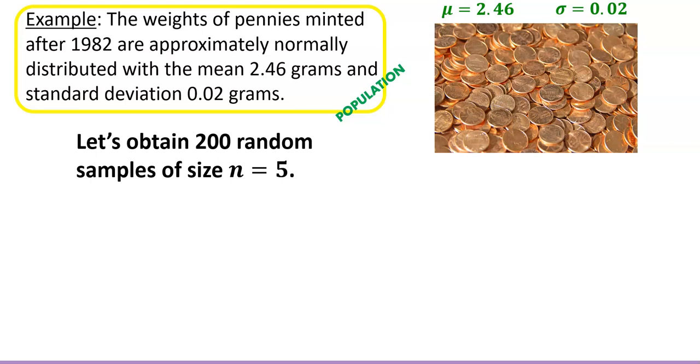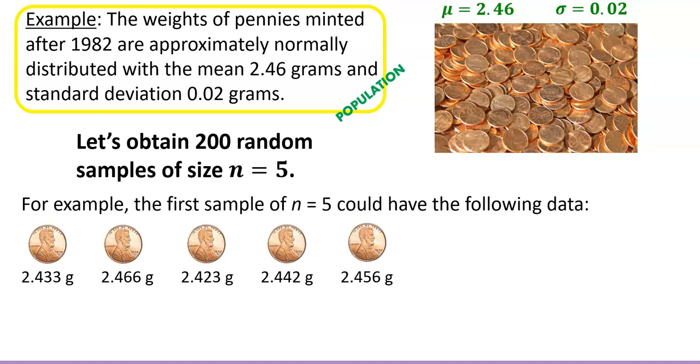Let's say that we're going to obtain 200 random samples of size 5. So here's an example of one of the samples. Size 5 means that I have 5 pennies in that sample. Each penny will have its own weight, and they're all different. They might be the same, but they also could be different, as we can see in this example.